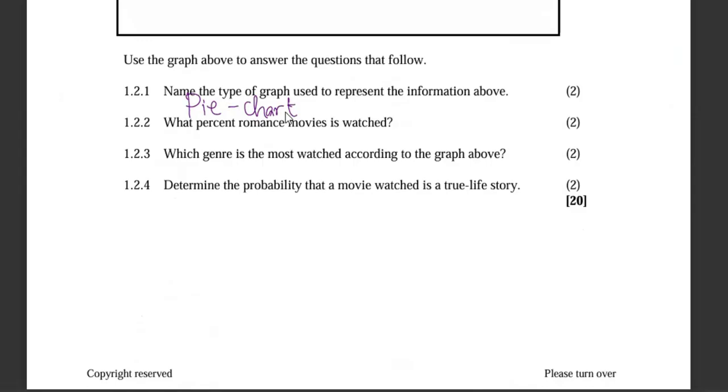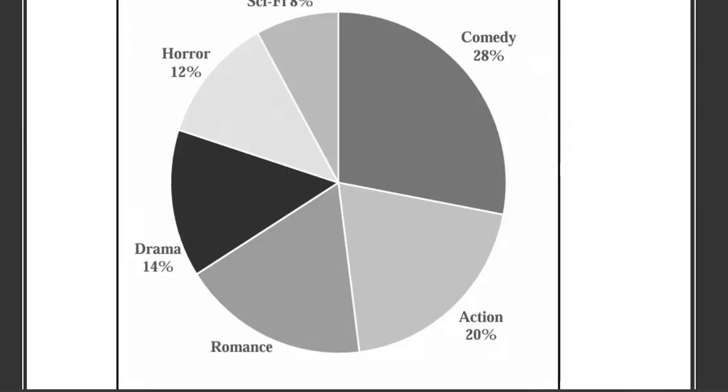What percentage of romance movies is watched? We are looking for this percentage, it is missing. Since we talk of percentage, when we add all of them, they should add up to 100.